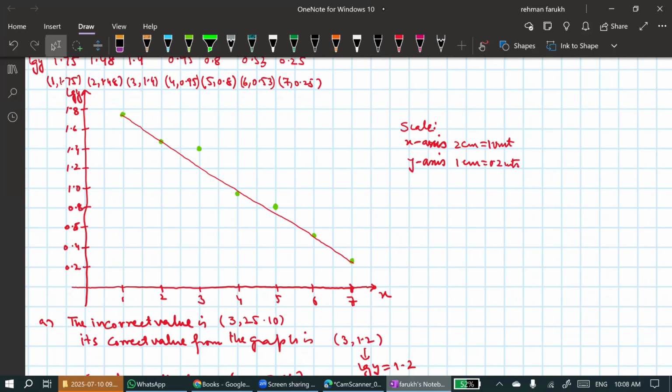Now you can see that the first 2 points, with x coordinates 1 and 2, are exactly on the line. We will use these 2 points to find the values of C and A. M is equal to 1.48 minus 1.75 divided by 2 minus 1.